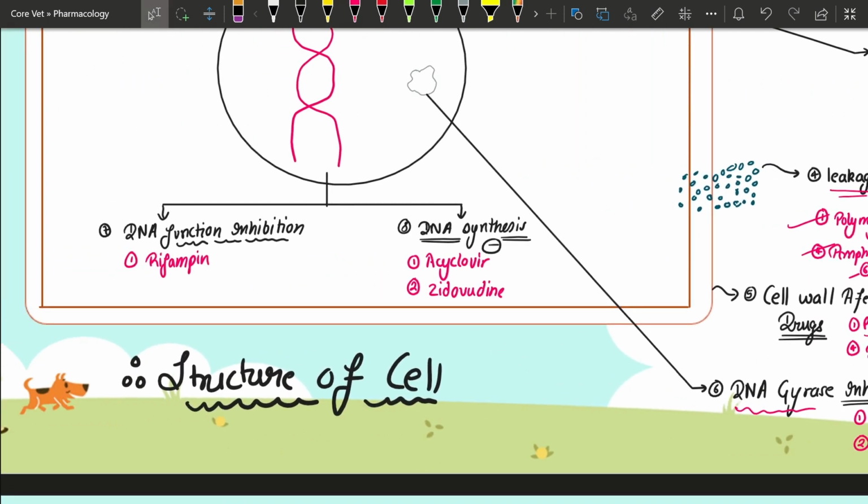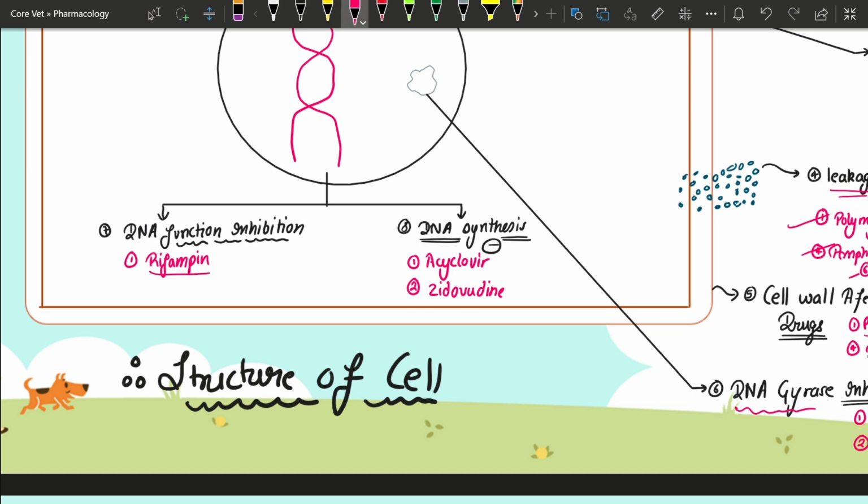Now, talking about the drugs that inhibit the function of the DNA, or the drugs that inhibit the synthesis of the DNA, there is a difference: some drugs inhibit the function of the DNA, and some drugs inhibit the synthesis of the DNA.